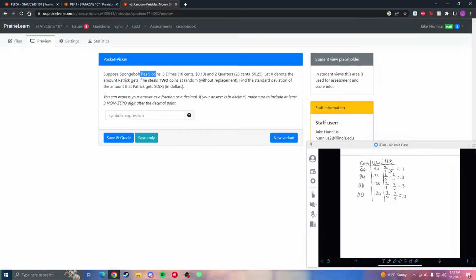All right, and then we know that these probabilities are accurate because 0.1 plus 0.3 plus 0.3 plus 0.3 is 1, which adds up to 100%. Now what we have to do is calculate the expected value of these coins.